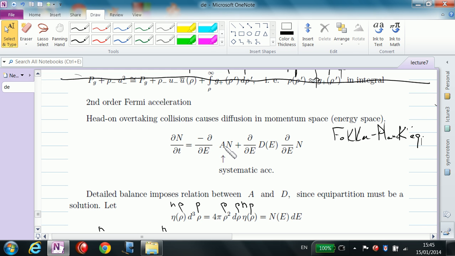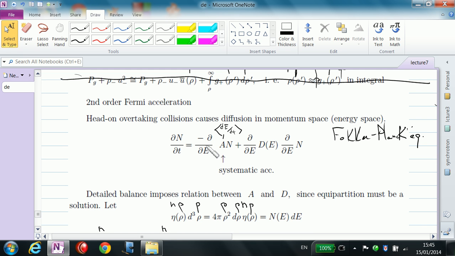And A is just the acceleration rate, the rate of gain of energy per unit time, dE/dt for an individual particle. And if you ignored this second term, unfortunately I can't cover it up with my hand like I used to be able to do.